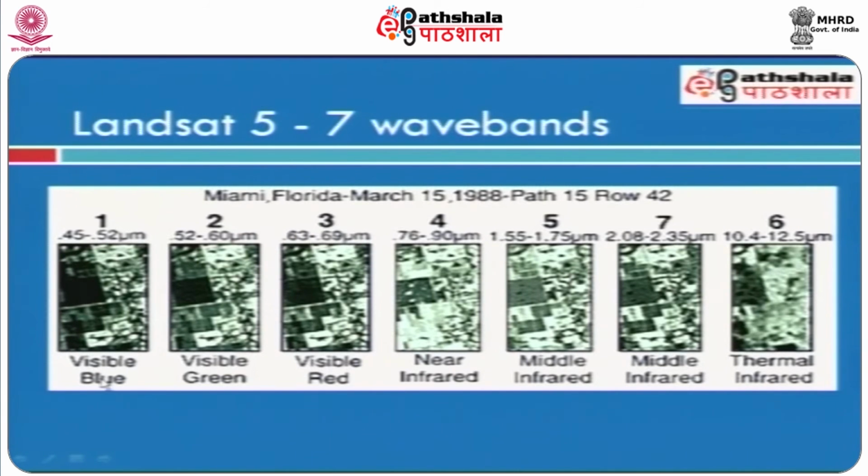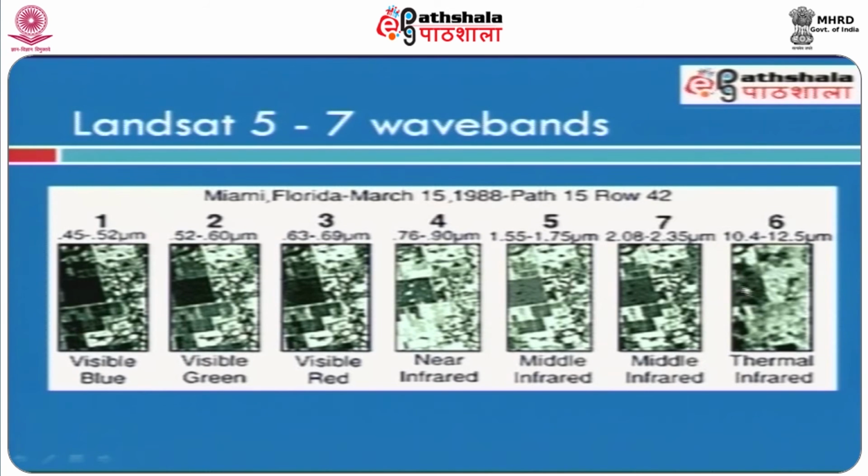In this particular case, this is your visible spectrum. In blue color, your water body is reflecting to some extent, and absorbing if it is deeper in nature. But when you come to the near infrared, you will find that vegetation is reflecting more and the water body is also reflecting, but not to that extent.